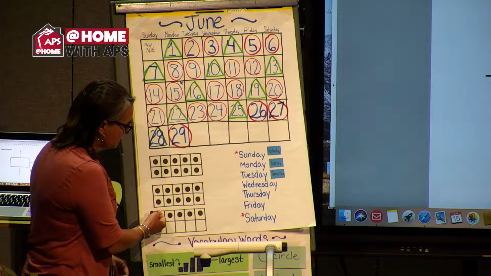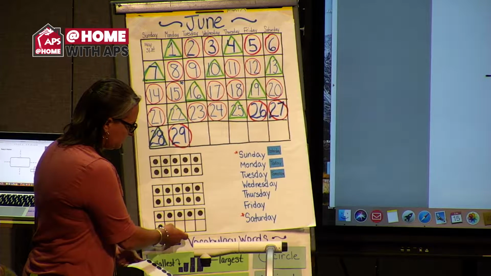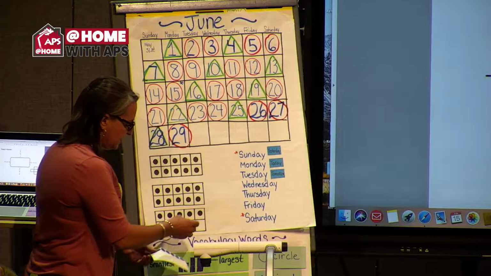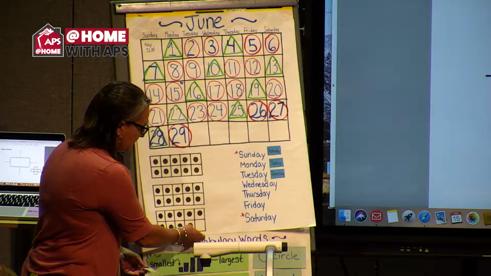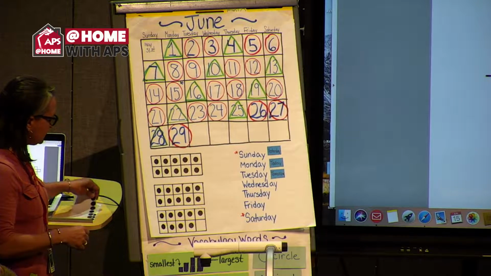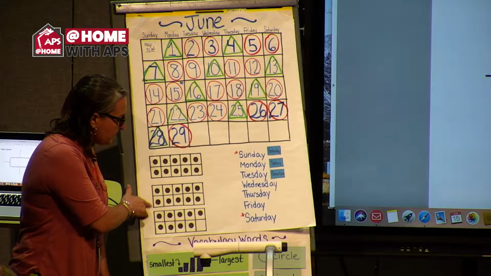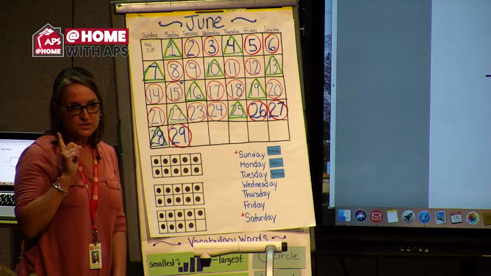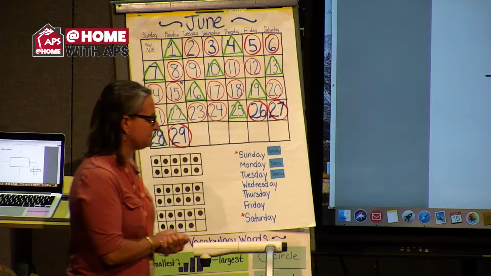Just like we counted our days. 25, 26, 27, 28, 29. So just like you predicted, we have our 3 10 frames all full except for just one square, and that shows 29.